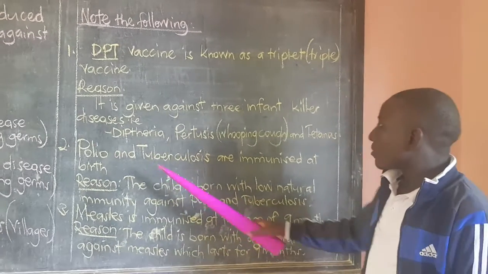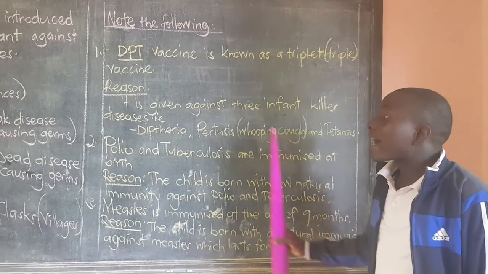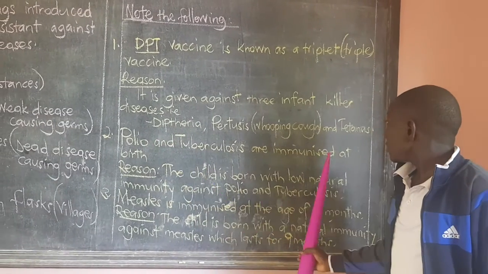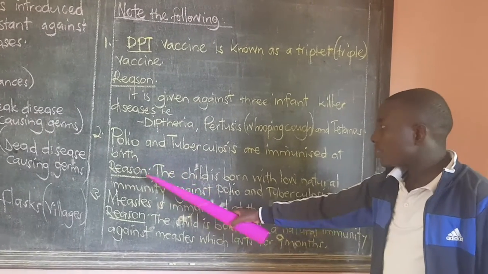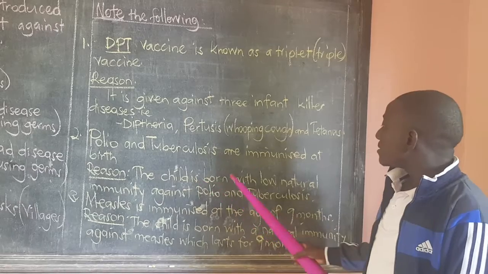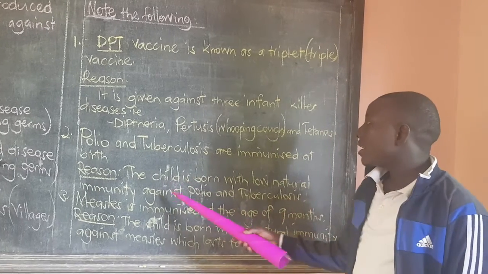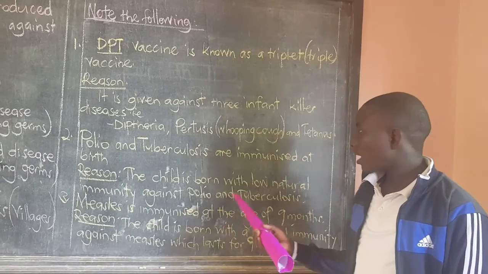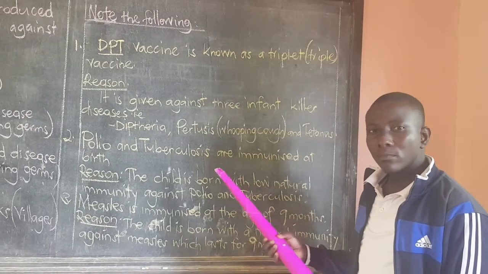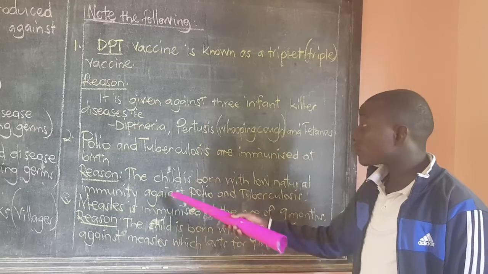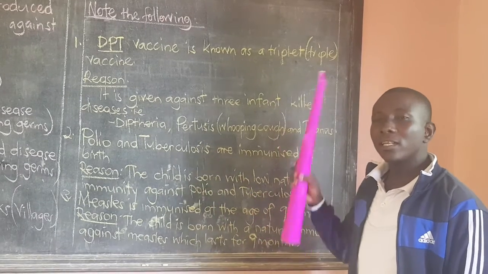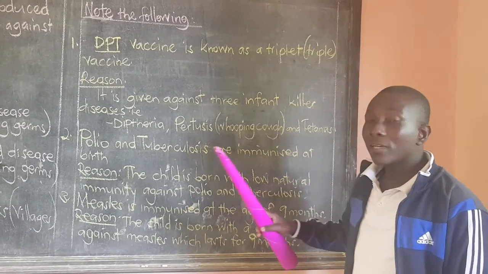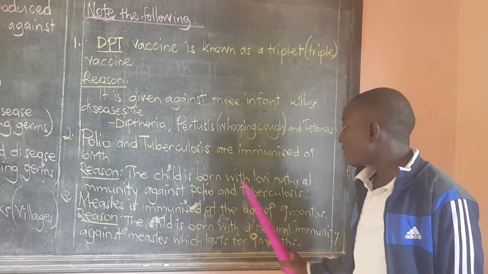Note number 2: polio and tuberculosis are immunized at birth. Reason: the child is born with a low natural immunity against these 2 diseases, polio and tuberculosis. When the child is born, the immunity against those 2 diseases is weak. That's why immediately the child is born, they immunize them against polio and tuberculosis.